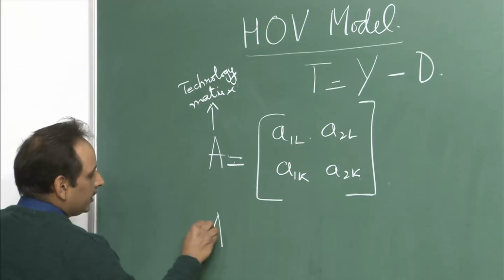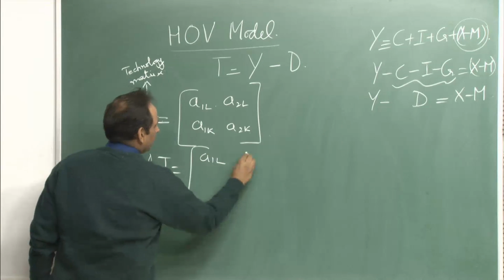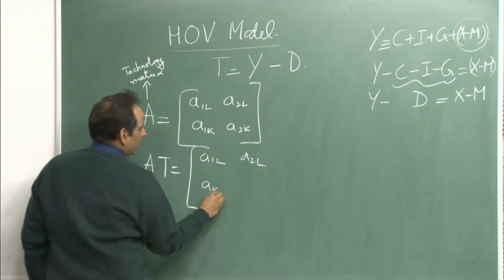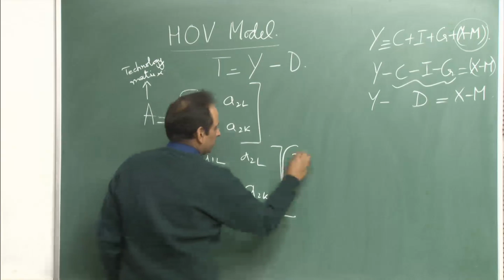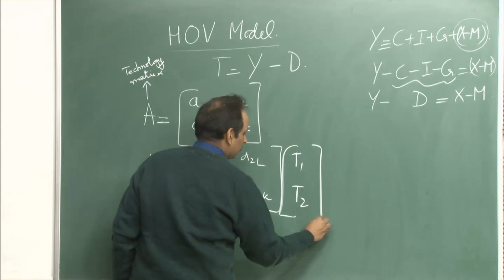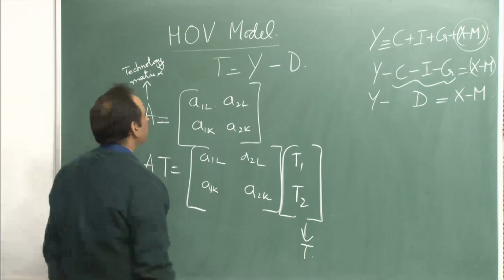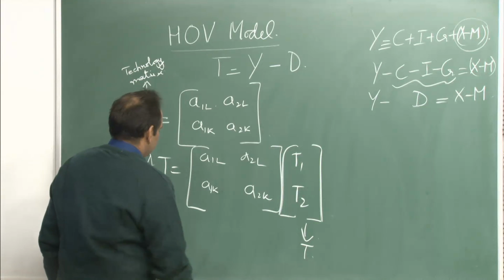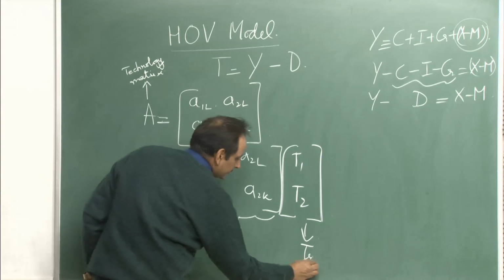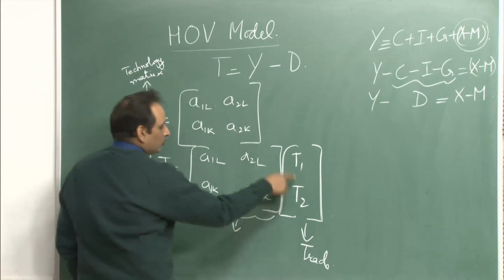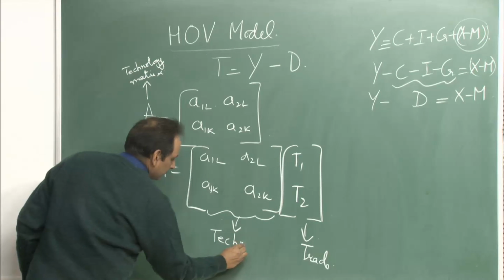So, A would work out to be A1L, A2L, A1K, A2K, and T1, T2. This is the technology matrix, and this is the trade matrix, the trade of 2 goods T1 and T2.